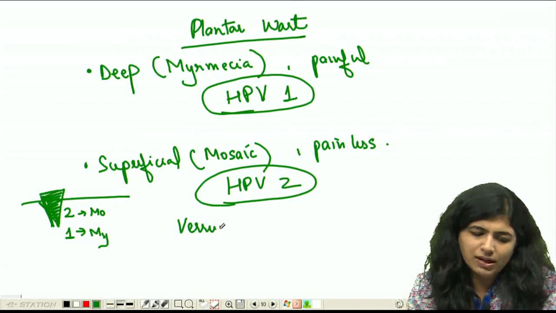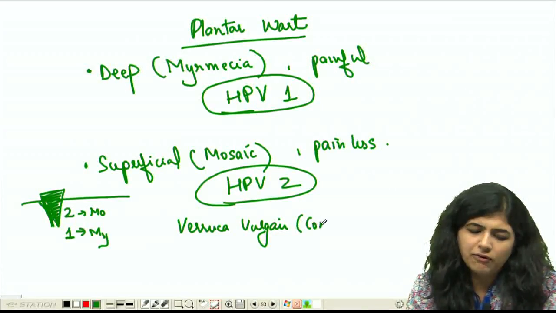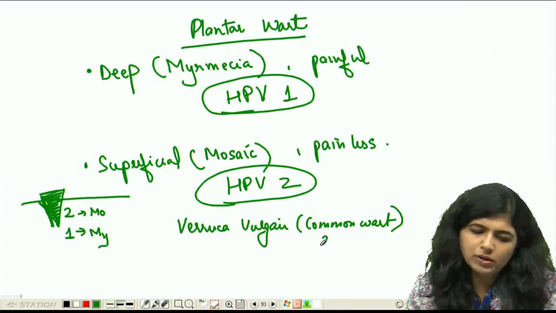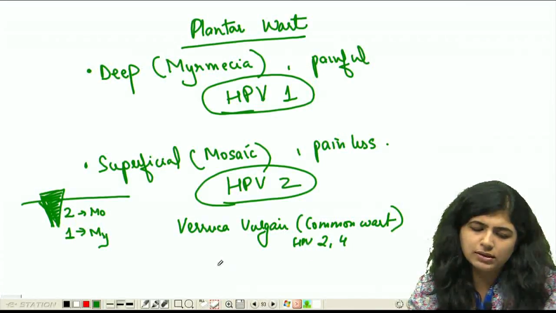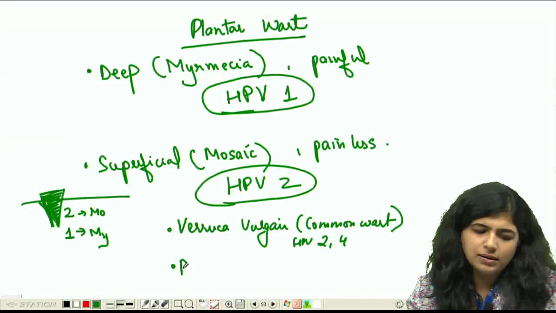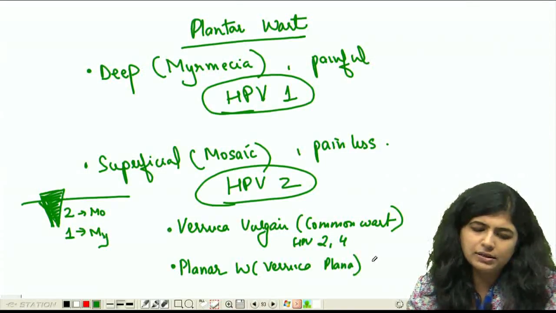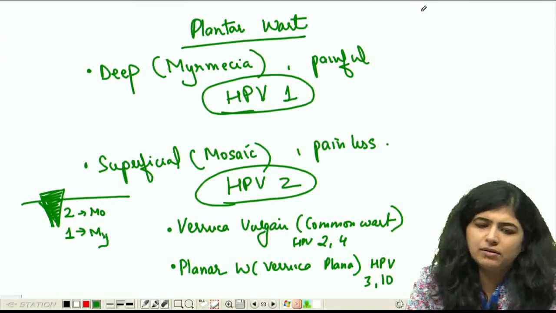Then in verruca vulgaris, which is the common wart found on the rest of the body, the most common causes are HPV types 2 and 4. In plane warts, which are verruca plana, it is HPV 3 and 10.